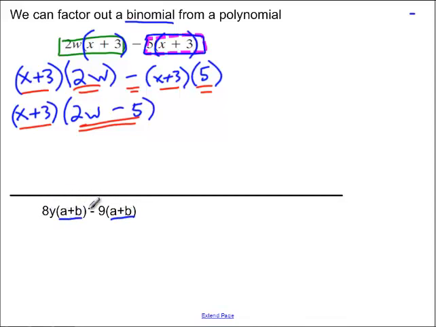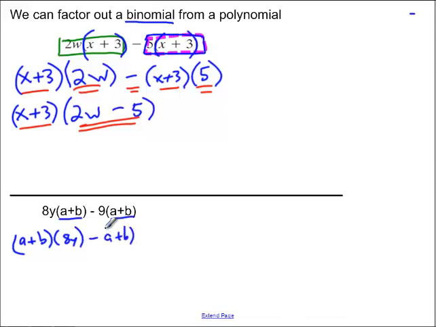Here's a term separated by addition or subtraction from this term. A plus b is a factor of this term, and a plus b is a factor of this term. So we can now rewrite each term in terms of that greatest common factor and what's left.